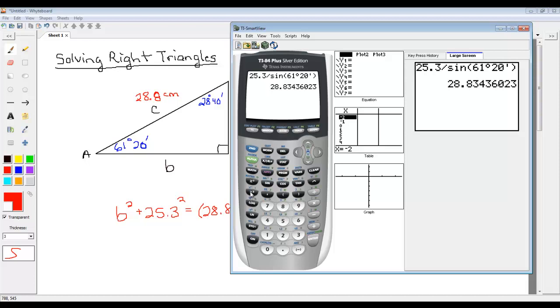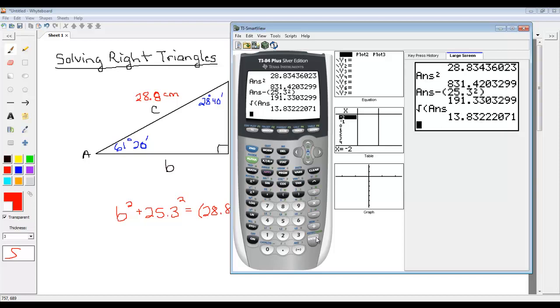I just hit x squared, and it takes the previous answer and squares it. Then I subtract the 25.3 squared and take the square root of that. Hit second and then go down to answer, and it'll take the square root of the previous answer. Enter, and there we go.